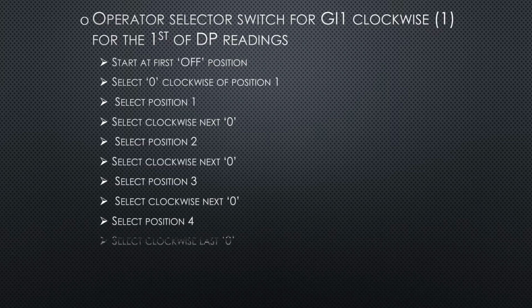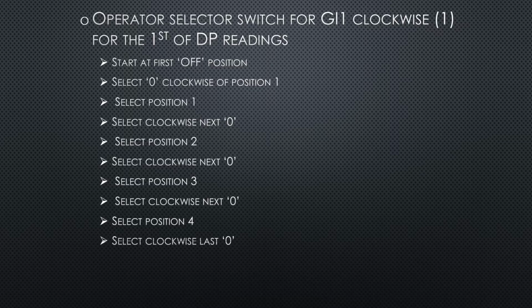Then select clockwise net 0, equalize for a few seconds and read the DP as equalizer. Select position 3 and read the change in DP from the previous 0 reading as DP T plus valve plus lamina. Then select clockwise net 0, equalize for a few seconds and take the reading as DP equalizer.